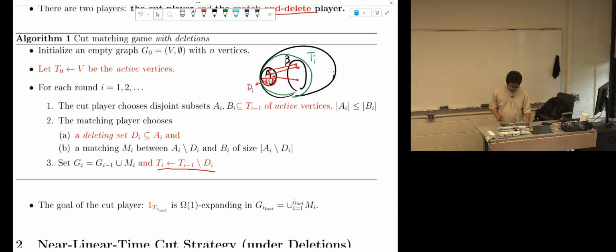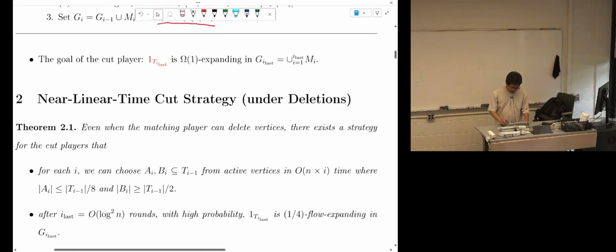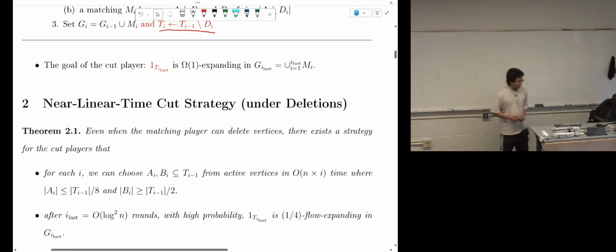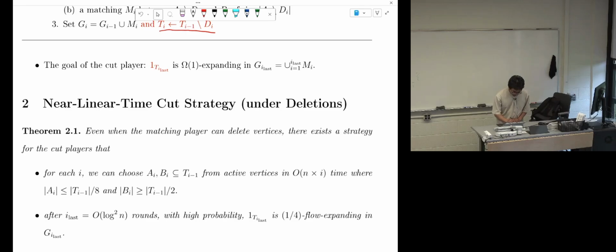So now the claim is just that we can solve this version too. Even when the matching player can delete vertices from the active set, we have the same guarantee: there is a cut strategy for the cut player such that we can choose A_i and B_i from the active set in the same running time.